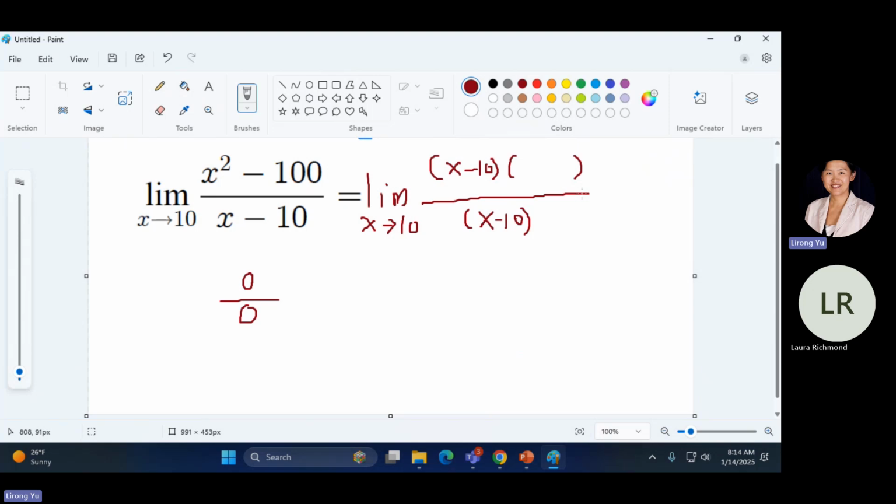So what do we have if we rewrite x squared minus 100? What is that? x plus 10. So it turns out this has to be x plus 10. You can think of this as x squared minus 10 squared, the difference between two squares. This is called the square difference formula.